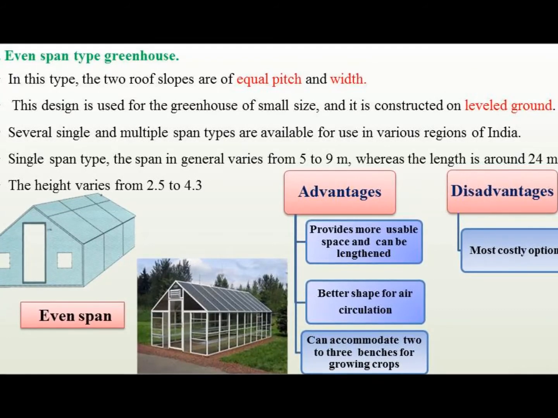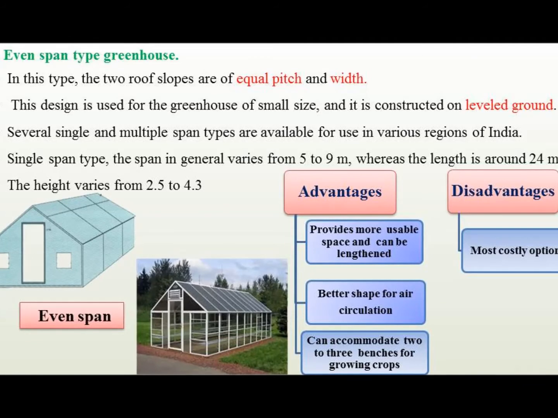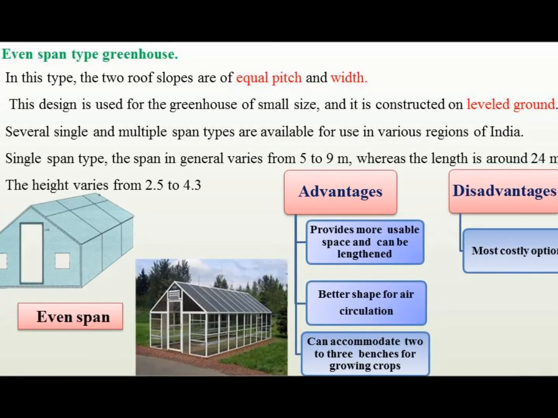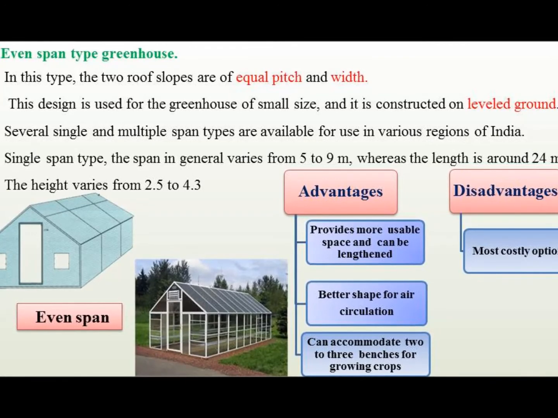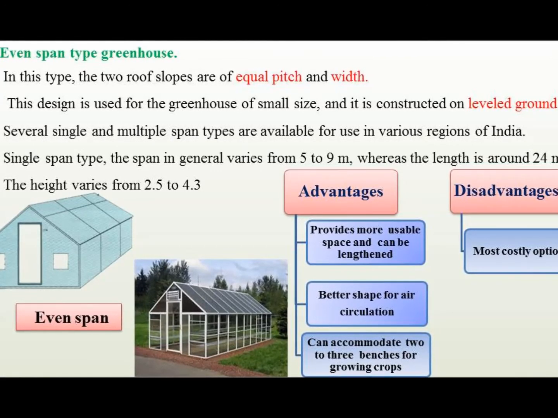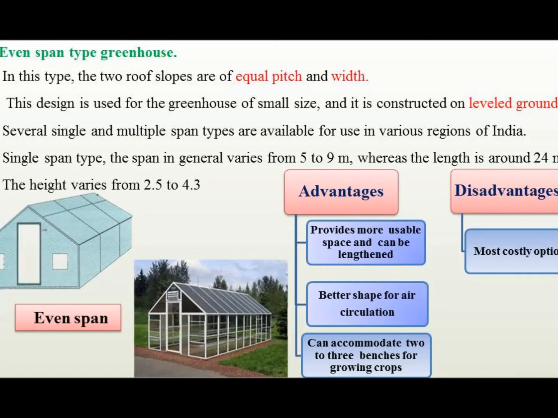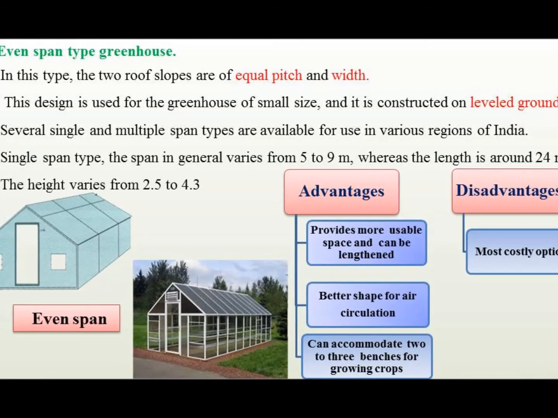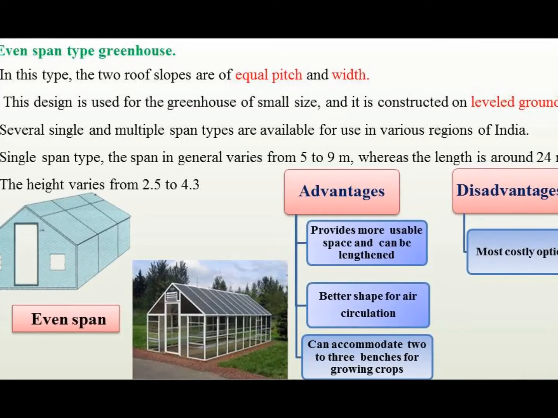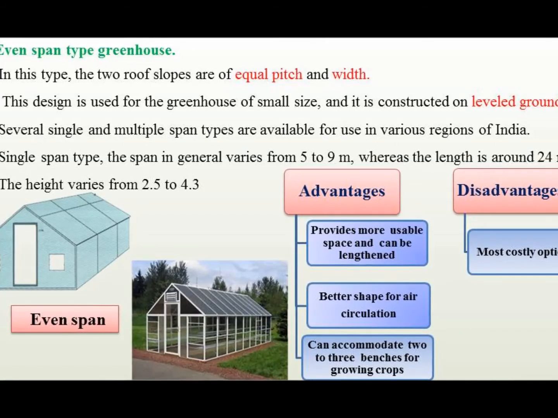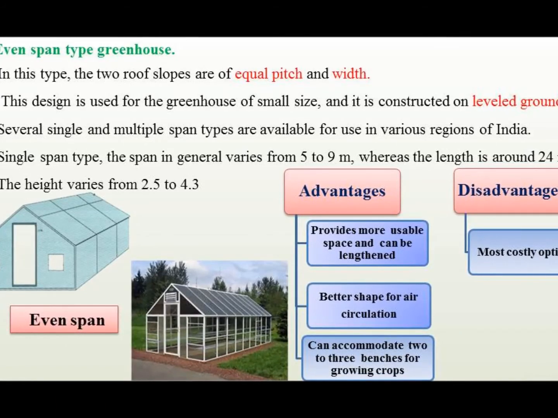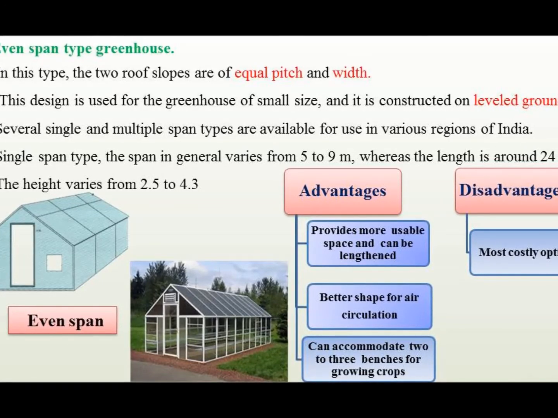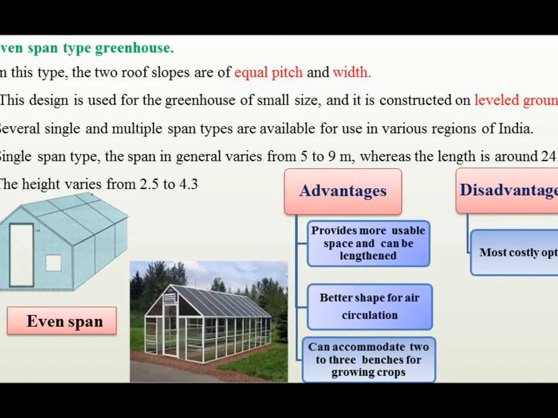The cost of this even span type of greenhouse is more than the cost of the lean-to type greenhouse. But these structures have greater flexibility in design. This type of greenhouse has a better shape than the lean-to type for air circulation and to maintain uniform temperature during winter and summer seasons.